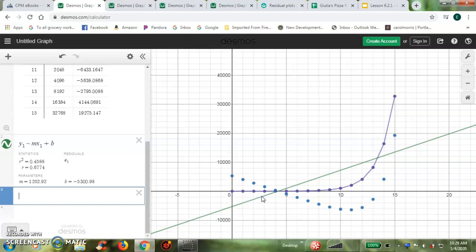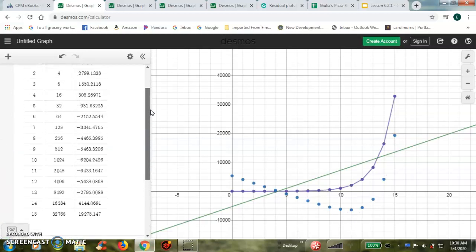That means that the points themselves create a curved pattern when you compare them with the line, and that means that is not a good line of fit at all. It really gives you an indication that the actual best fit here would be some sort of curved line. So I wanted to show you that.